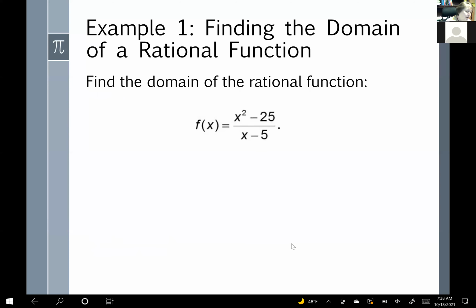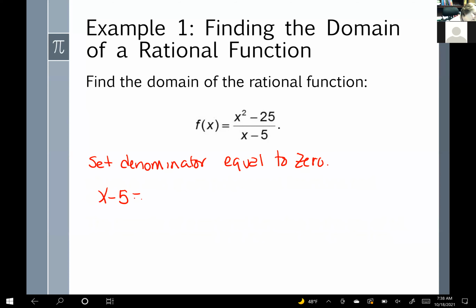I can determine that by setting the denominator equal to 0. That will give you the restrictions on your domain. So x minus 5 is equal to 0. Add 5 to both sides. x equals 5.